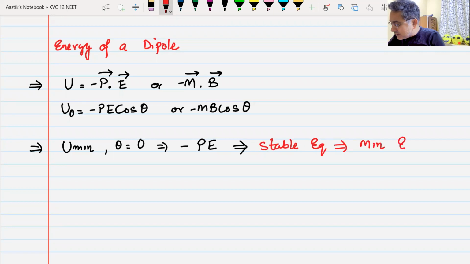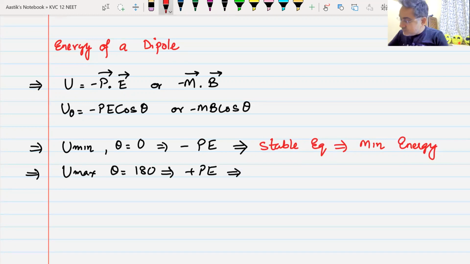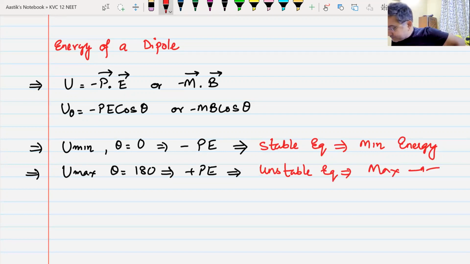We will see this condition, don't worry. Then energy is maximum when theta is 180 degrees. The value is plus P into E. This is the condition known as the condition of unstable equilibrium, and in unstable equilibrium, we have maximum energy.